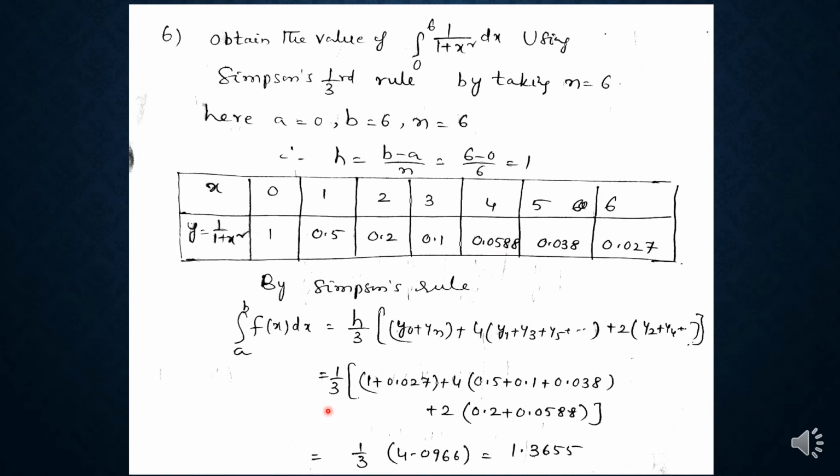So that is 1 by 3 into, by simplifying this, 4.0966. That is equal to 1.3655. So this is the value of the integral from 0 to 6 of 1 by 1 plus x square dx by using Simpson's rule.